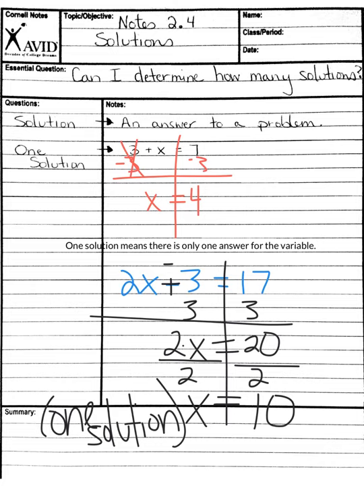So let's look at our next example. We're going to see what happens when we go through and solve this problem. Draw your line down the equal sign. Talk to me about, do I have any subtraction? The answer to that is no. Do I have the distributive property?